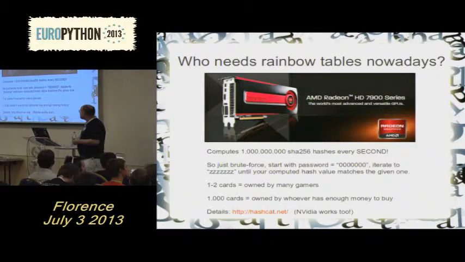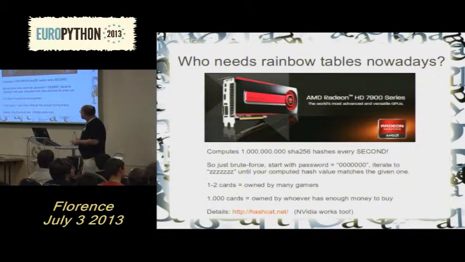So this is a problem, and the salt does not help you against it, because the salt is known. It can be part of the brute force. So the salt is only good against rainbow tables, not against brute forcing with high speed.